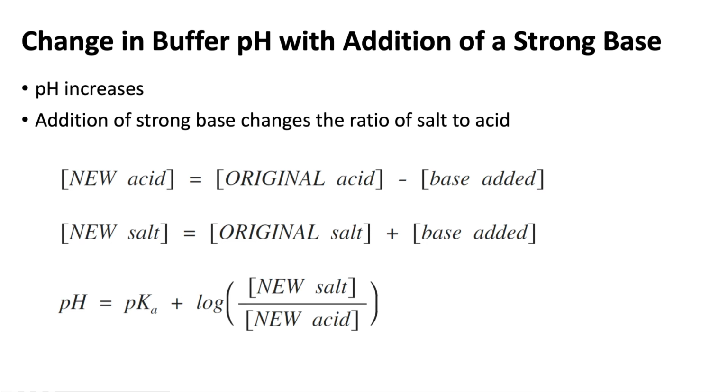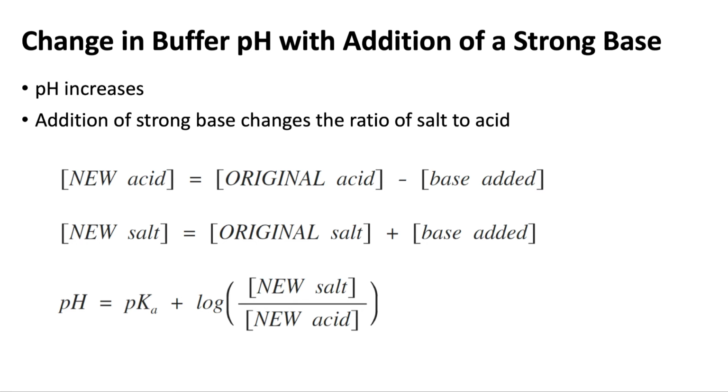So you're losing acid. Well, if you lose acid, what do you gain? You gain salt. The salt concentration, that is essentially the hydrogen acceptor in the formula, increases by the concentration of the base added. So if the acid is reduced by the concentration of the base, then the salt increases by the concentration of the base.